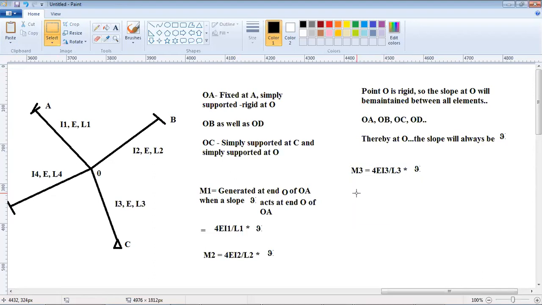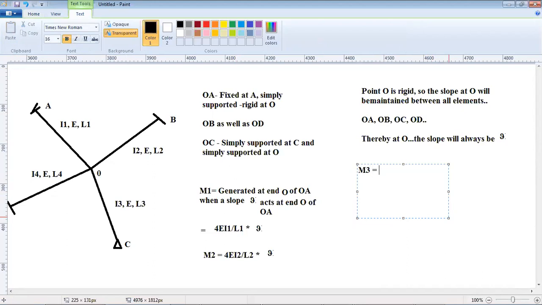Is it? It's not. For the third case, it's 3EI. So for the third case, M3 is 3EI3 by L3 into theta.